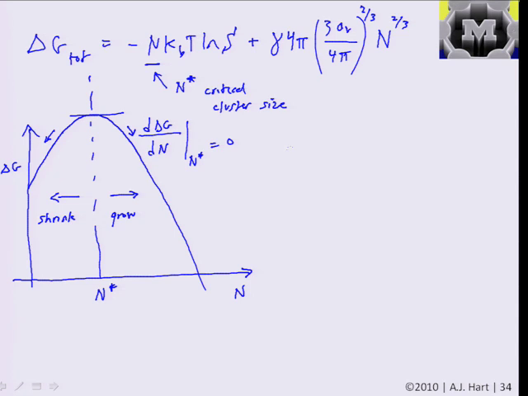So if we take the first derivative of our initial expression and set it to 0, we would lose the n from the first term, and then we would end up with an n to the minus 1/3 on the second term. So we'd get that this is equal to minus kBT times the natural log of the supersaturation, plus we then have 2/3 multiplied by 4 out front, so 8/3 pi times gamma.